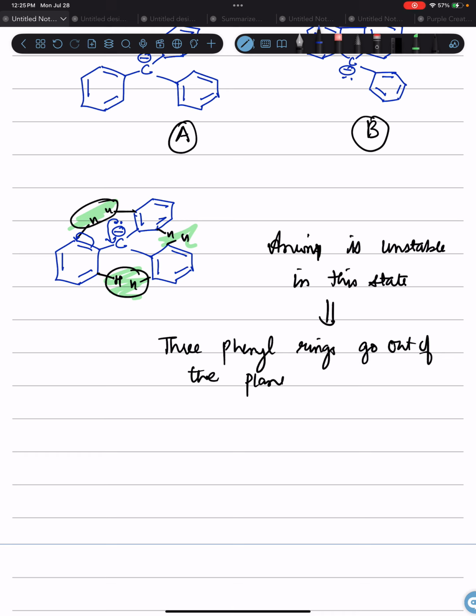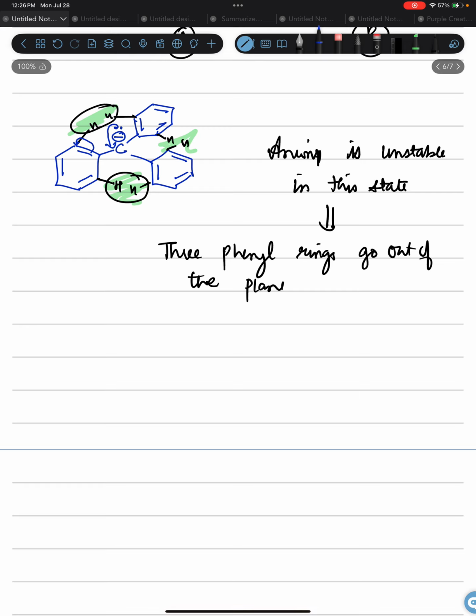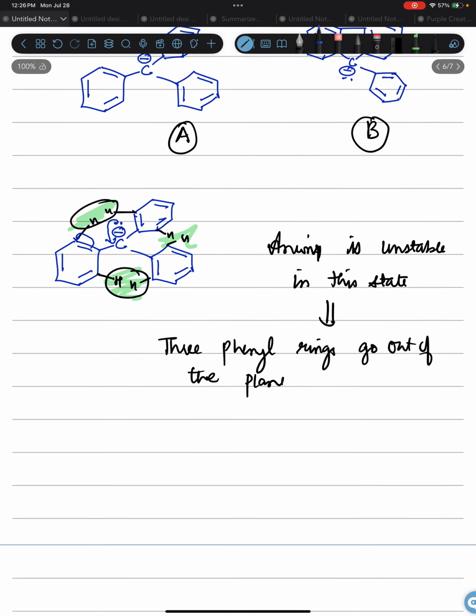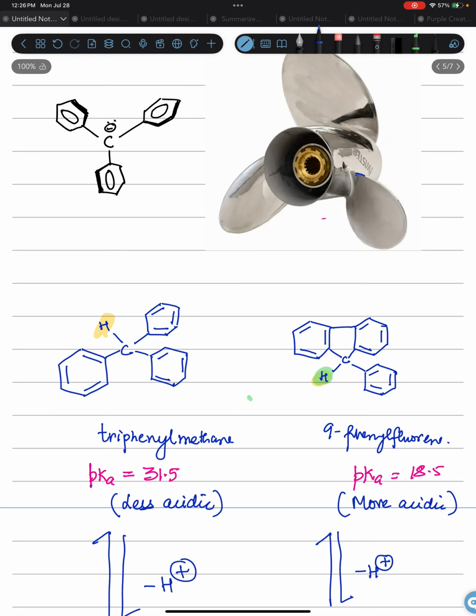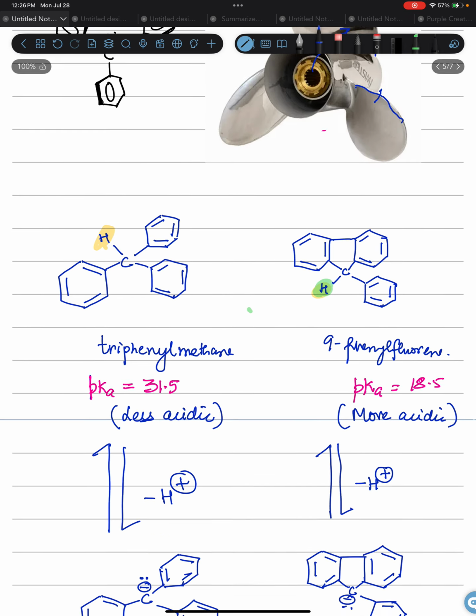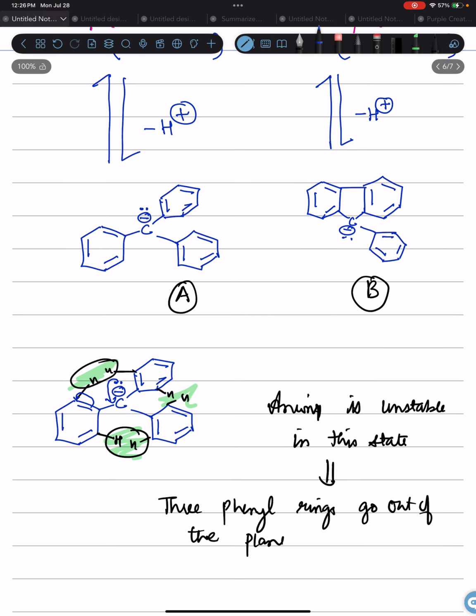The number of resonating structures would be less, the extent of resonance is less, the extent of delocalization is lesser, because the 3 phenyl rings are not in the same plane. They adopt a propeller shaped geometry, and because of this the electrons from the central carbon lose their conjugation with the ring electrons to a certain extent, so it is not that stable.